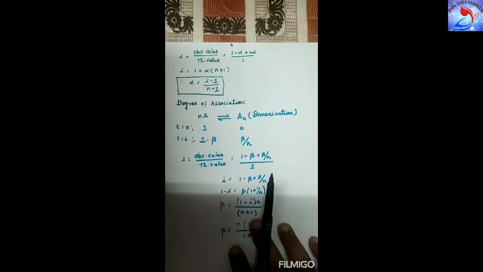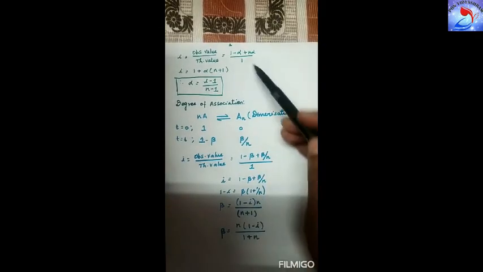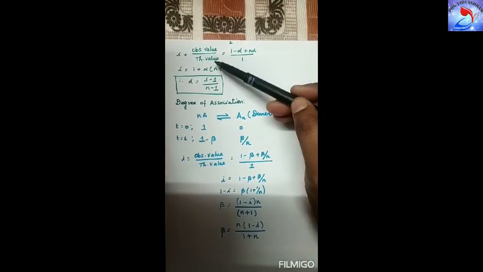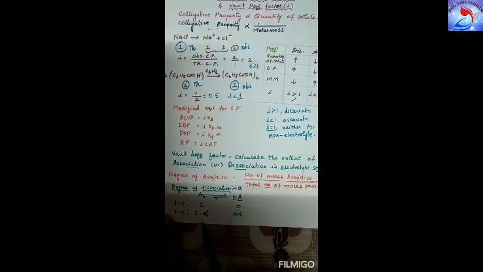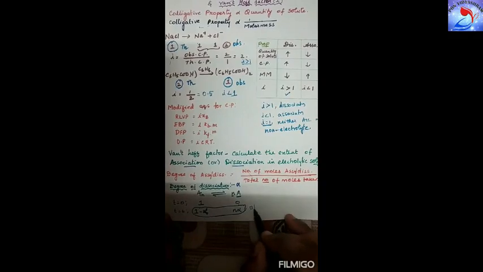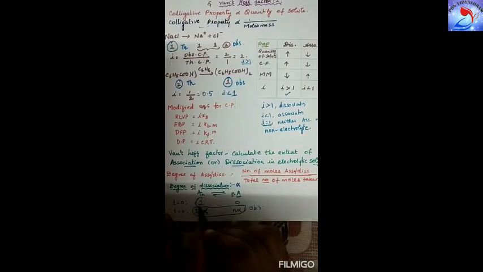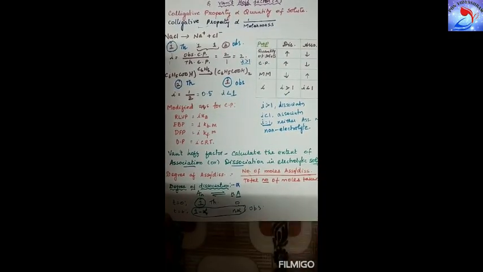Now i is equal to observed colligative property by theoretical colligative property. On adding these values, 1 minus alpha plus n alpha is the observed colligative property, and this 1 is the theoretical colligative property value.